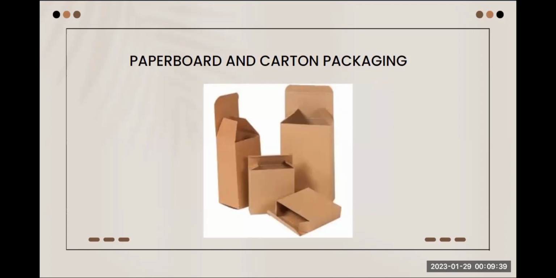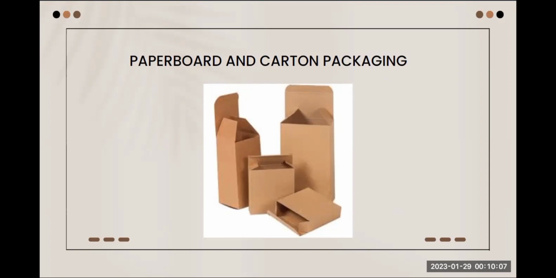Paperboard and carton packaging. Paperboard and carton packaging can be made of parchment paper or have the same shape of bars to package a loose food. Itong packaging na ito yung madalas na gamitin sa mga pagkain, lalo na yung karaniwang packaging na ginagamit sa pang-araw-araw natin.